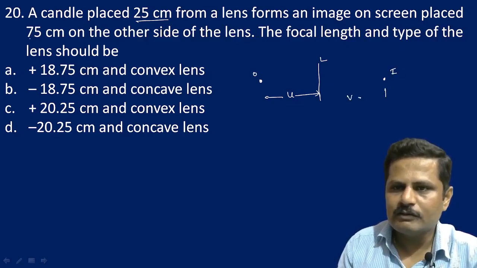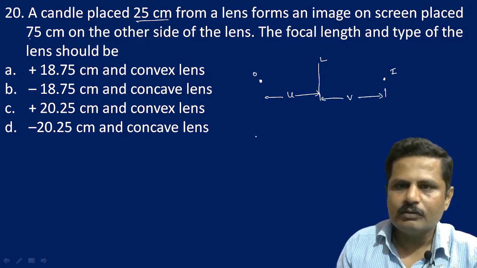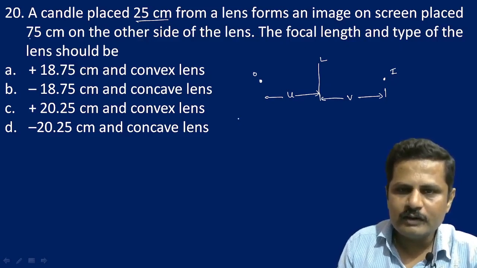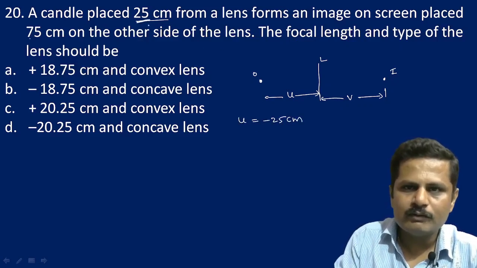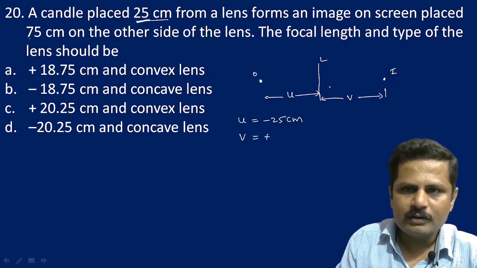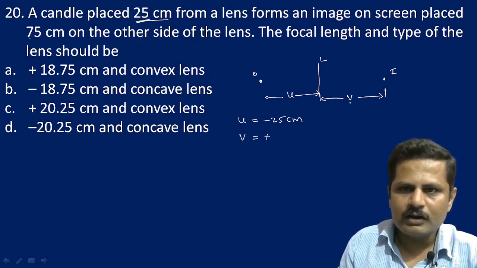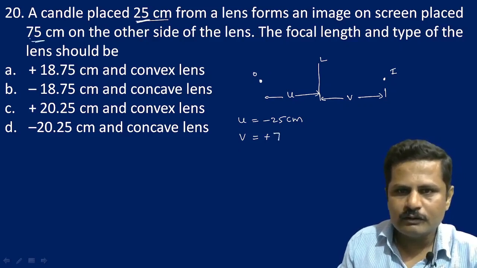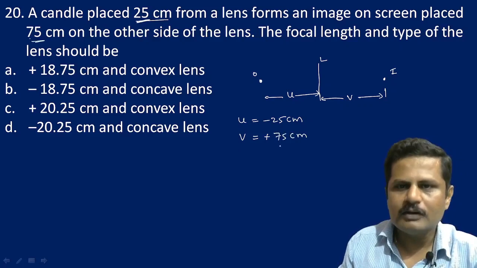According to Cartesian sign conventions, the object distance should be considered negative, that is u equals minus 25 centimeter, and the image distance should be taken as positive because it is formed on the other side, that is 75 centimeter.